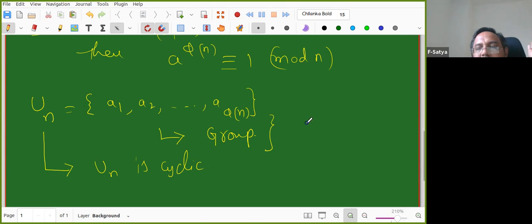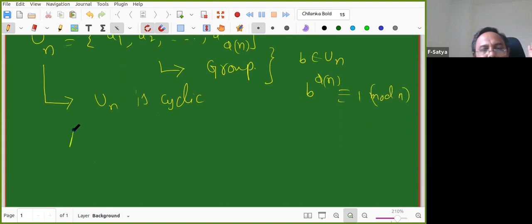You take any element b belonging to U_n, then b to the power phi(n) is equal to 1 modulo n for sure. Then we asked some question. I constructed a set A_b, all those k belonging to the natural numbers such that b to the power k is congruent to 1 mod n.